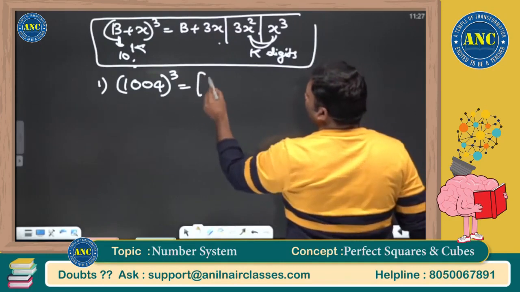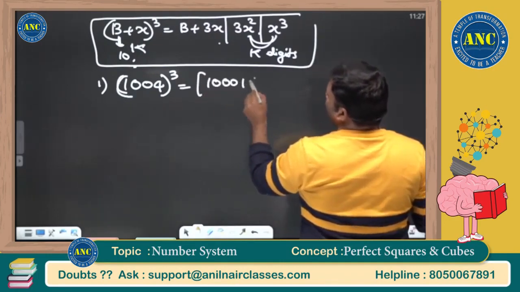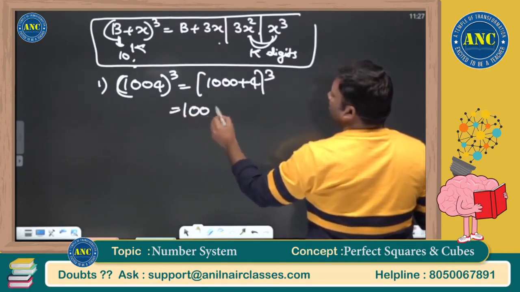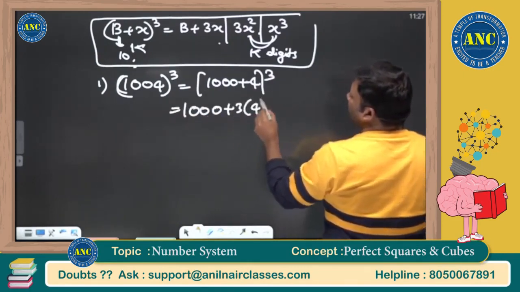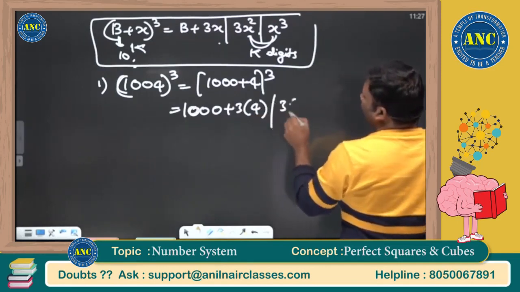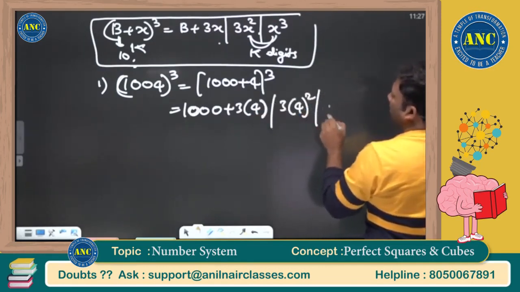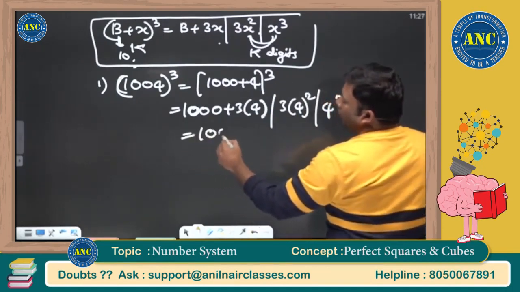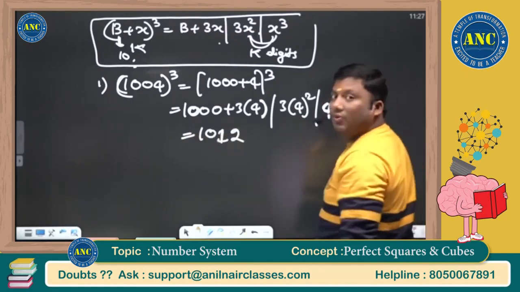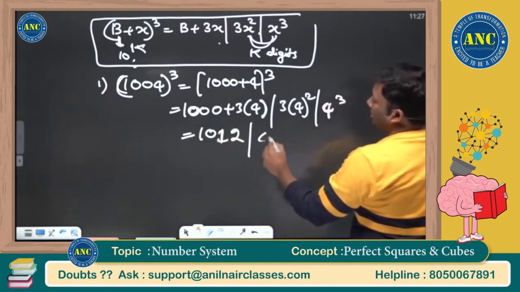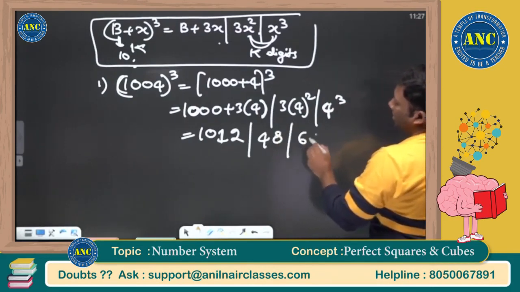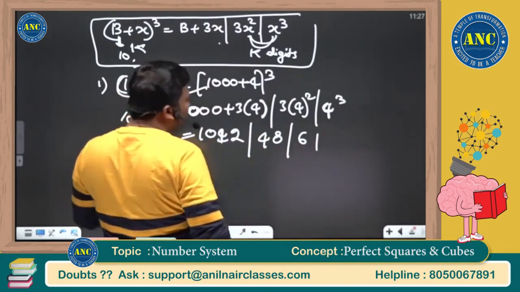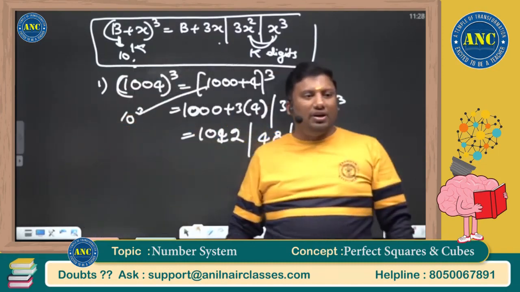1004 whole cube is nothing but (1000 plus 4) power 3, which is b plus 3x, next 3x square, and the next one x cube. I hope this idea is clear. This is 1000 plus 12, that is 1012. 16 threes are 48. 4 cube is 64. 1000 is 10 power 3, right?